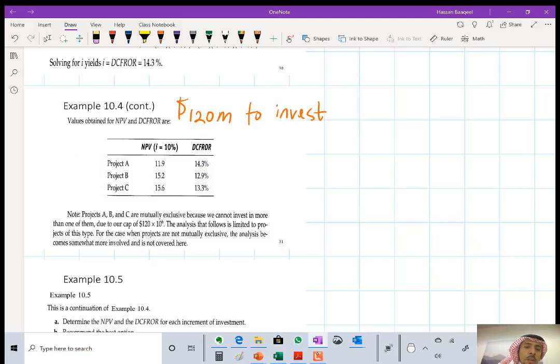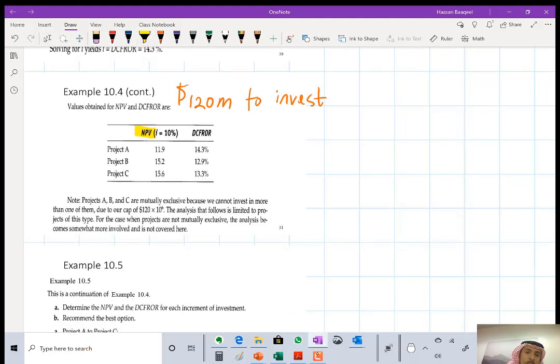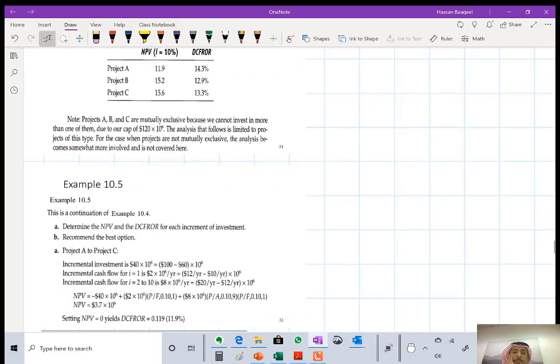So when you compare projects, what you need to really use is NPV. That's the summary of this section. The example in the book illustrates using numbers how Project C is better than Project A, and you can go through it, but the takeaway is use NPV when you compare projects.